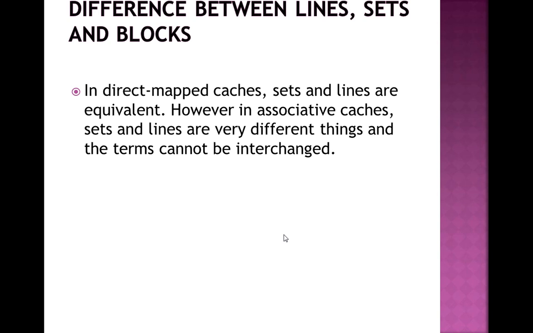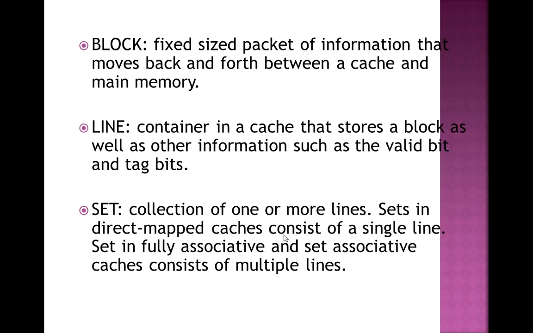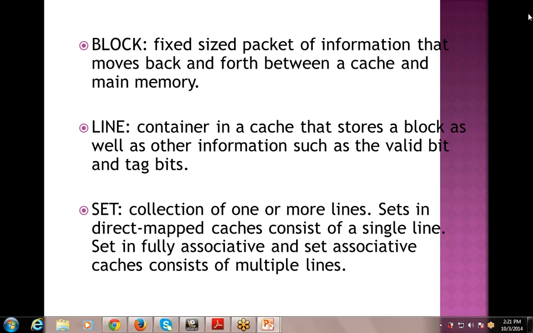Then we will differentiate between lines, sets and blocks. In direct mapping, the concepts of set and line are equivalent, but in associative mapping these are different concepts and cannot be used interchangeably.